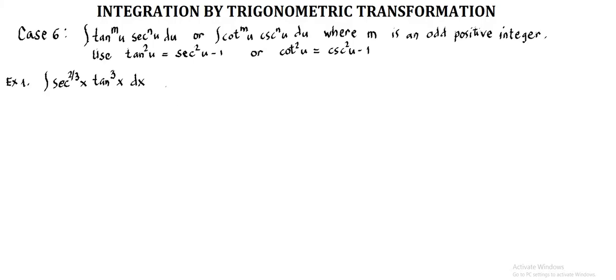So, dito, yung m natin equals 3. M equals 3. Positive odd power. At yung ating n ay yung exponent ng secant, 2/3.